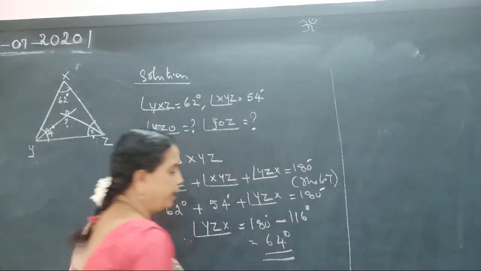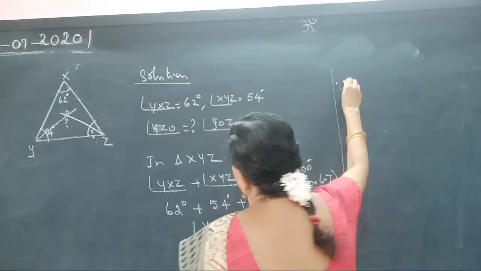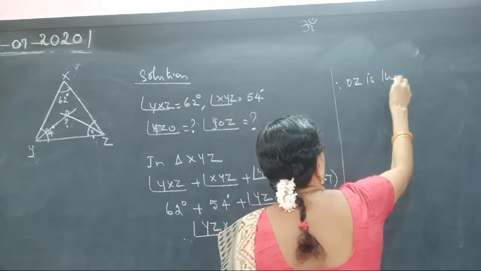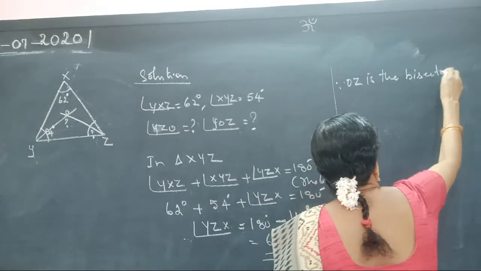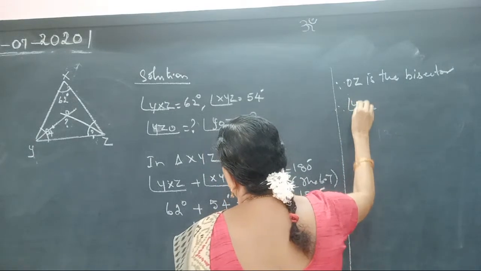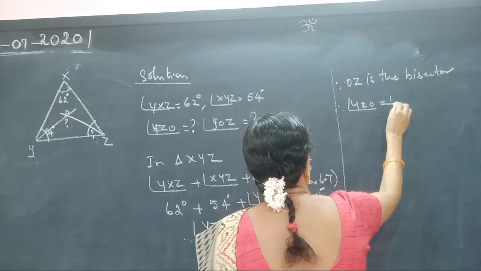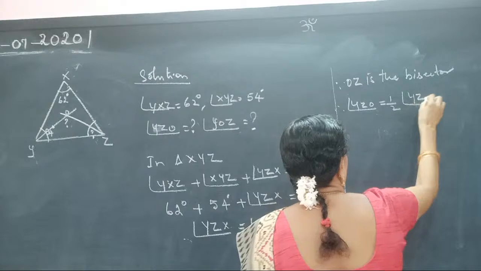So after getting 64 degree, then you write, since OZ is the bisector, therefore angle YZO equals half of angle YZX.